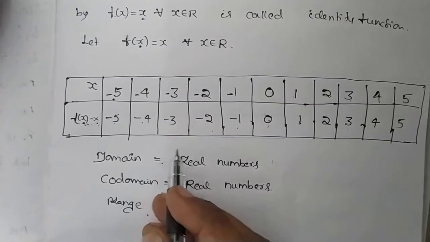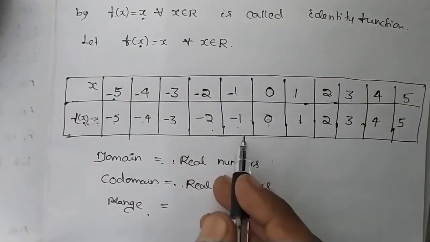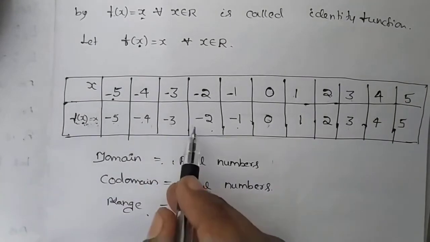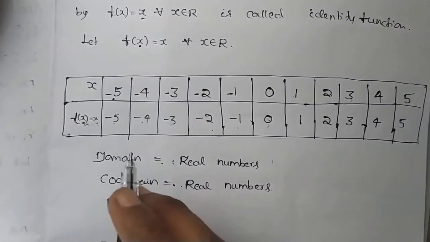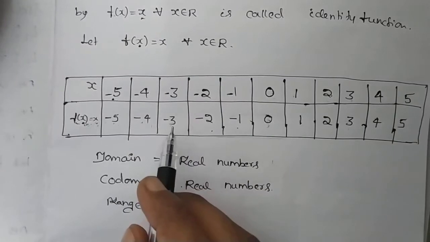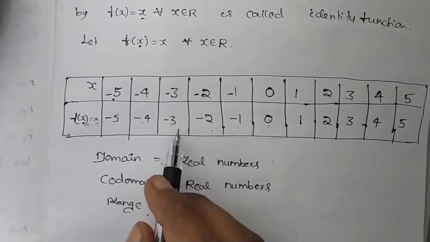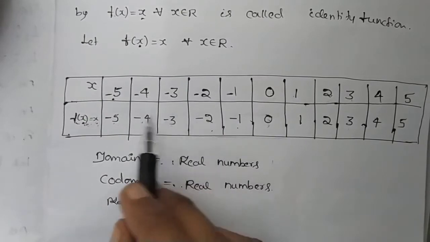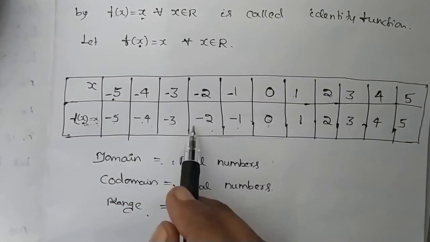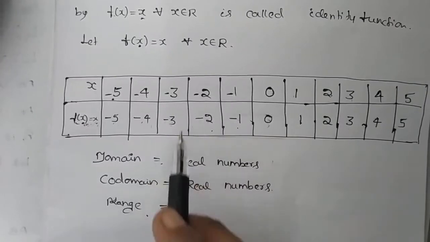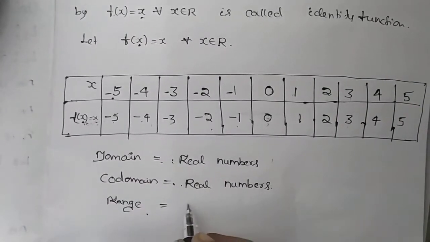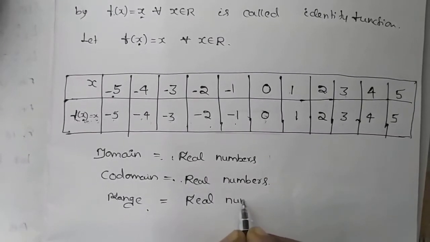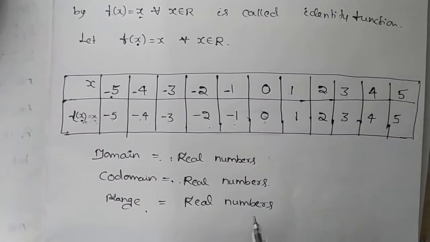There we have discussed these numbers. Is this real numbers or integers or rational numbers? All these are the real numbers. Range is also real numbers.